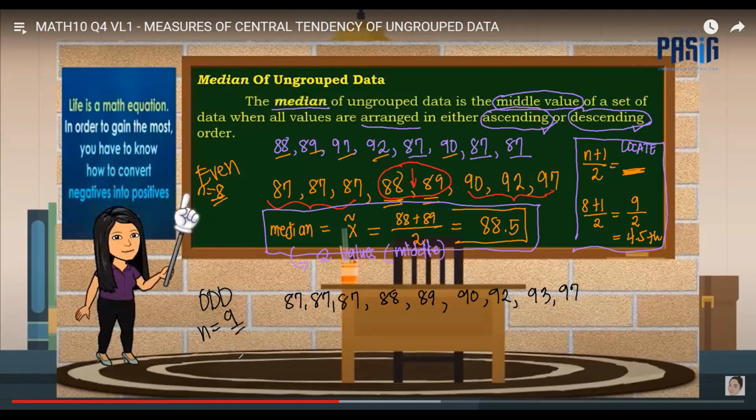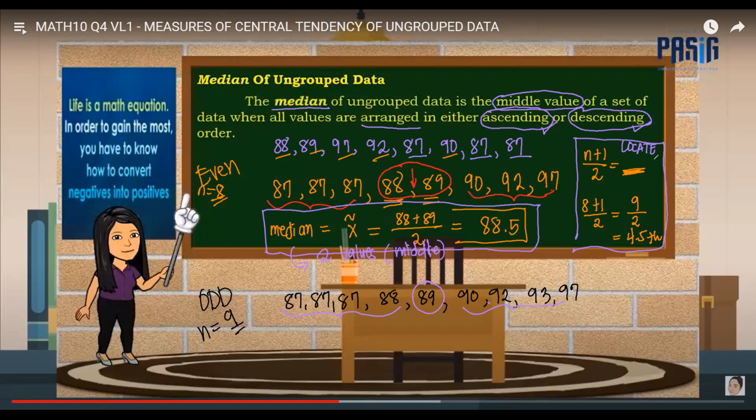Kapag nilocate natin, just by looking at the data na naka-arrange na, malalaman ninyo agad na, ay, ito yung middle value. Bakit? Kasi 4 yung data sa kabila, 4 yung data sa kabila. So automatically, we already know just by looking at this data na nasa gitna ay 89.